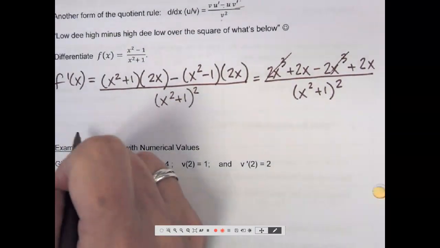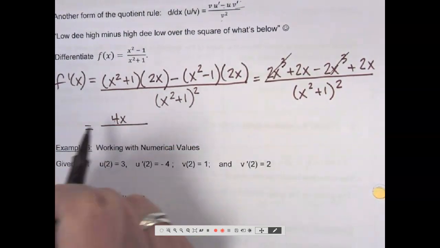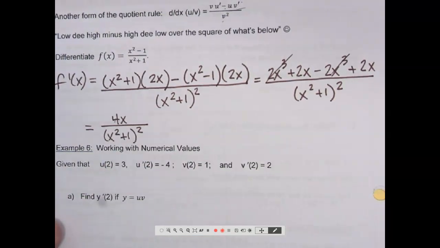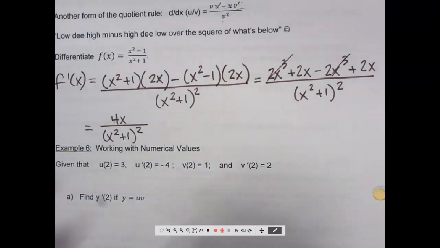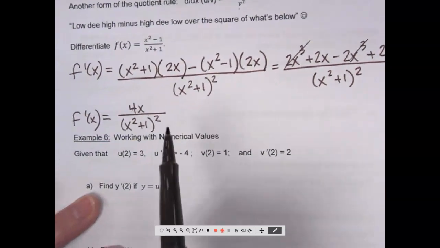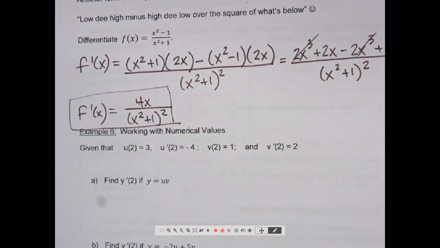So I'm just going to leave it as 4x over x squared plus 1 squared. If you want to distribute, that's fine, there's no reason why you shouldn't, but unless I see that it's going to help me reduce, I'm just going to leave it.